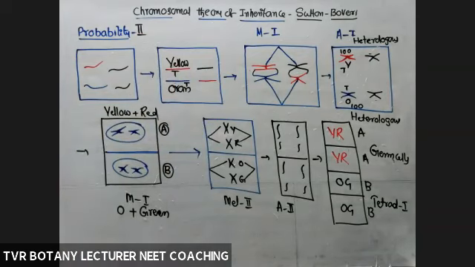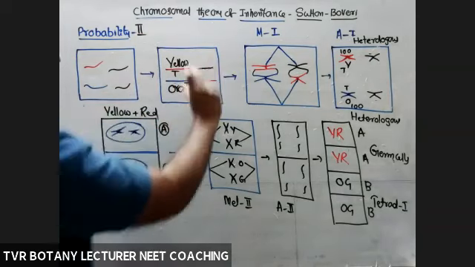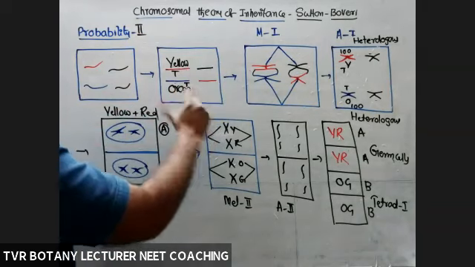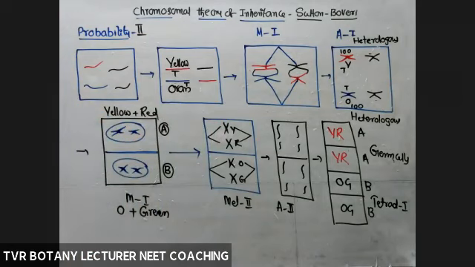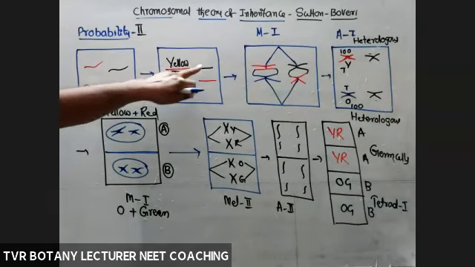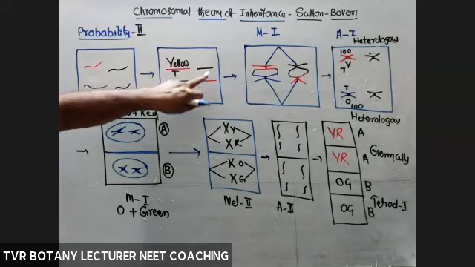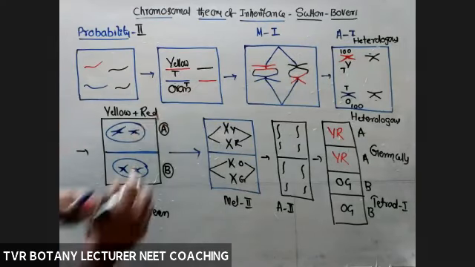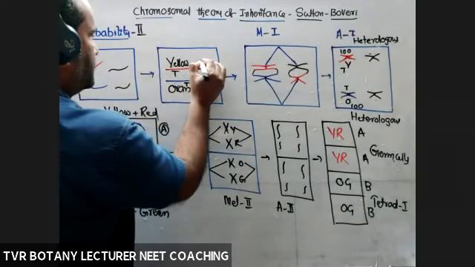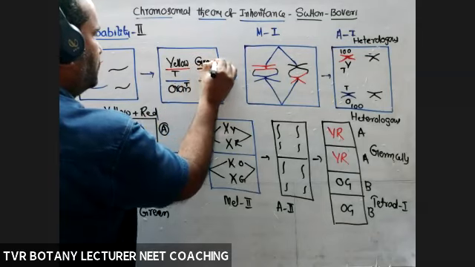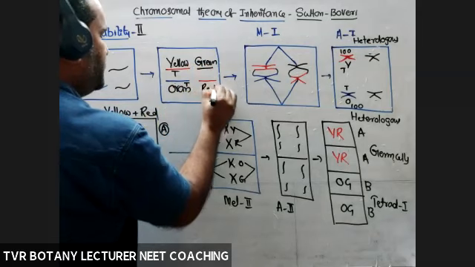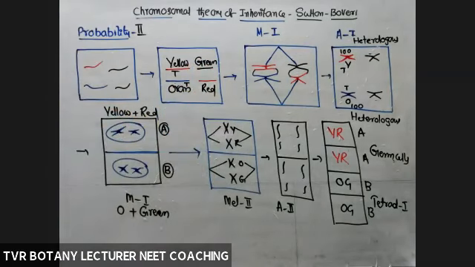They changed it, they inverted it, upside down. So according to probability 1, this chromosome is red and here it is green. Now change it: this one is a green chromosome and a red chromosome here. According to the first probability, in the same position, yellow and orange as it is.